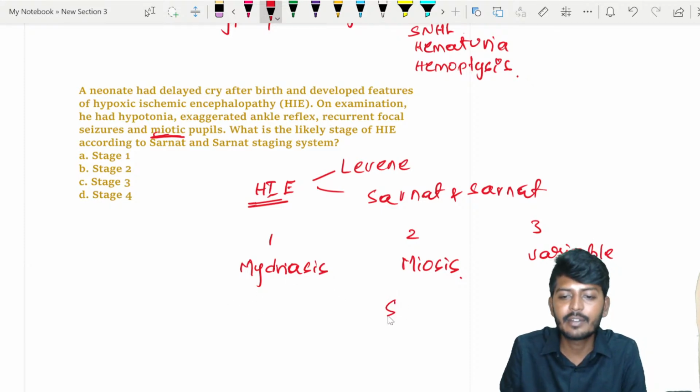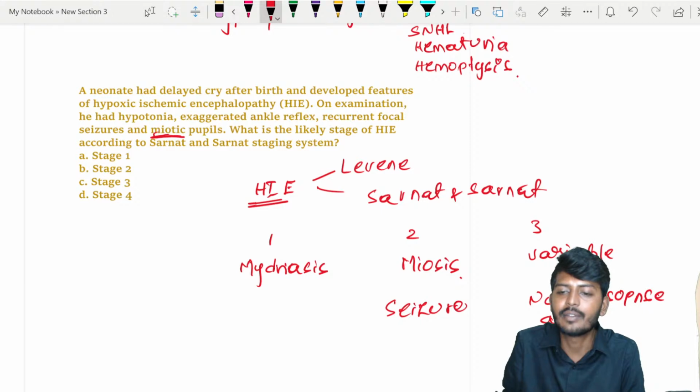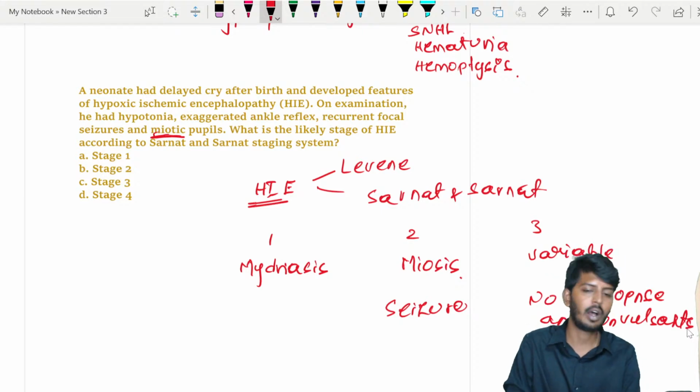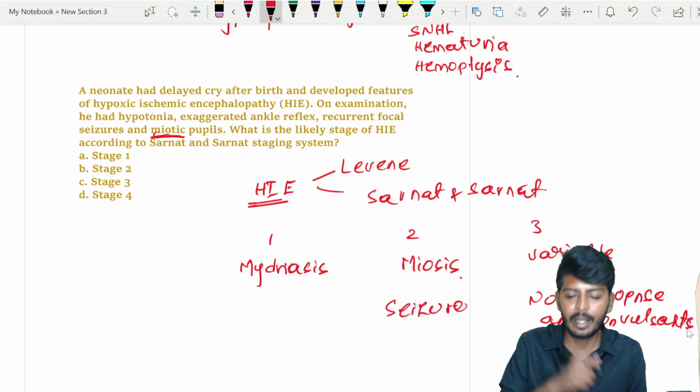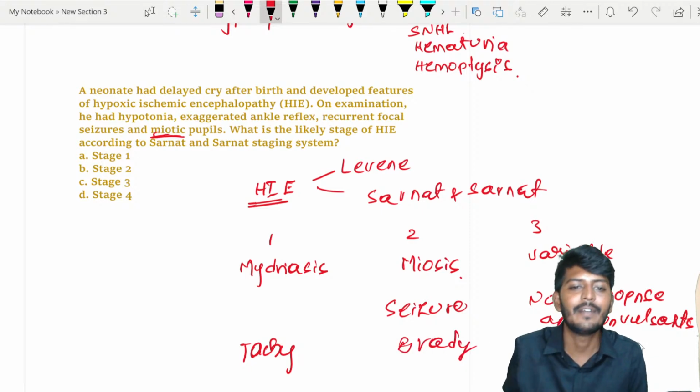In stage 2 seizures will be there, and in stage 3 there is no response to anticonvulsants. Here there will be tachycardia, and in stage 3 there will be bradycardia. Again it is a variable thing.